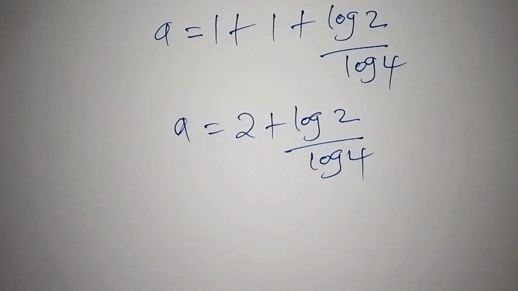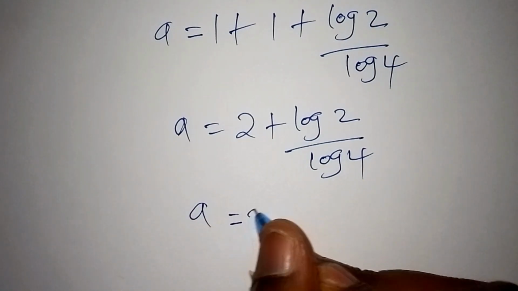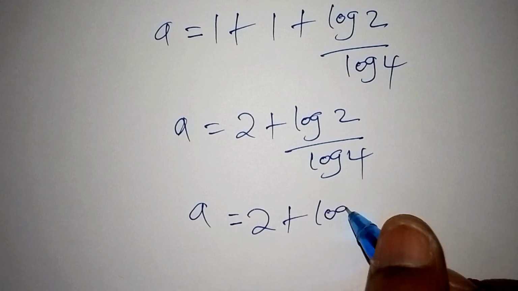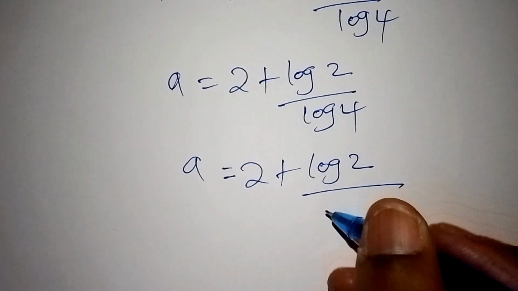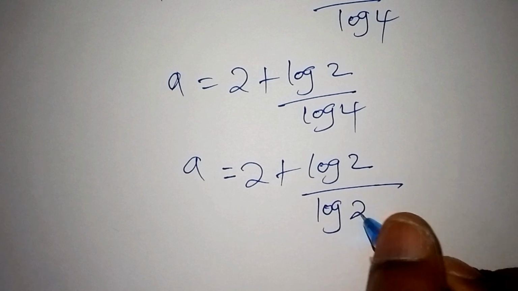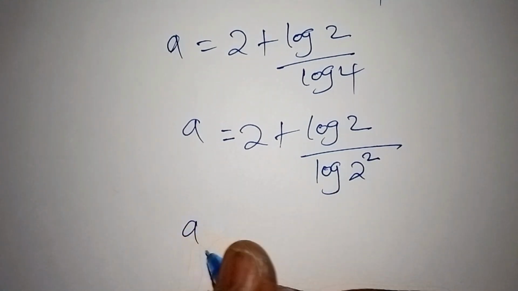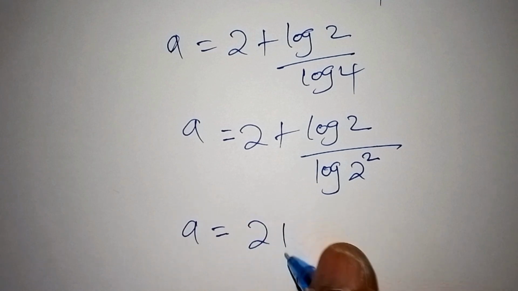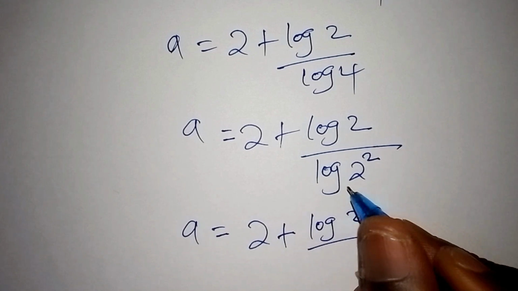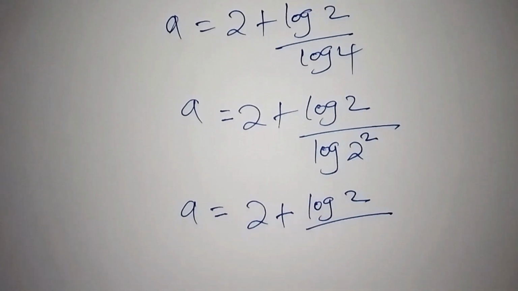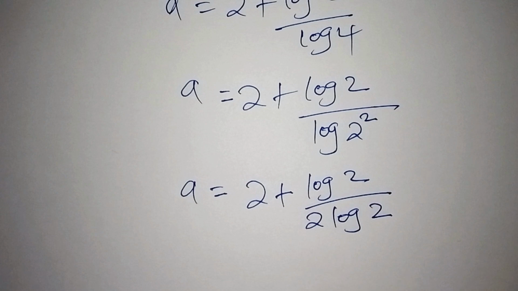We can still have a equal to 2 plus the log of 2 all over, the log of 4 can also be written as the log of 2 to the power of 2. So now a is equal to 2 plus the log of 2 all over, the log of 2 to the power of 2 can also be written as 2 log 2.